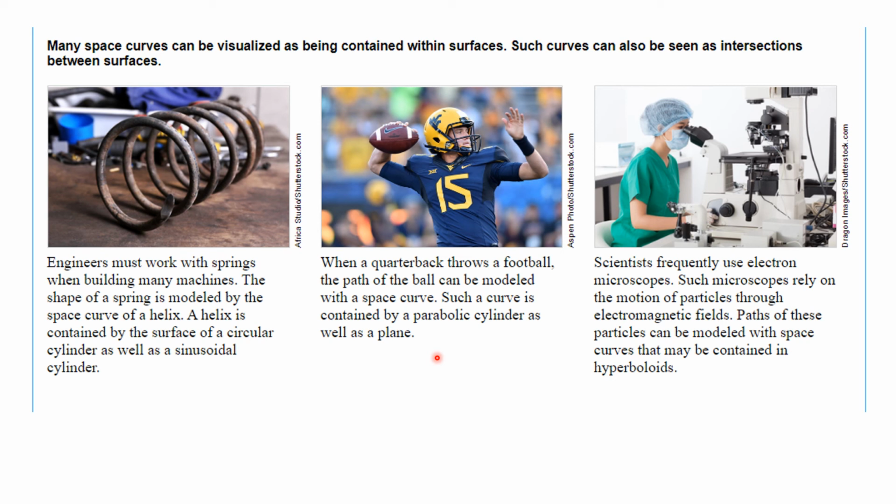Such a curve is contained in a parabolic cylinder as well as in a plane. Scientists often use electron microscopes. Such microscopes rely on the motion of particles through electromagnetic fields. The path of these particles, again, can be modeled with space curves that may be contained in hyperboloids.